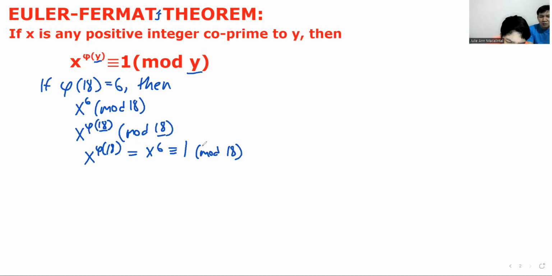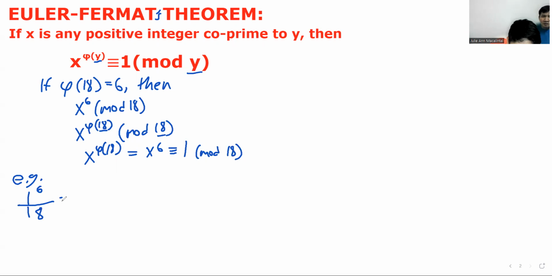So what do you mean? Let's use the totatives of 18. For example, let's just do it. 1 to the 6th over 18. So we'll just find the remainder manually.